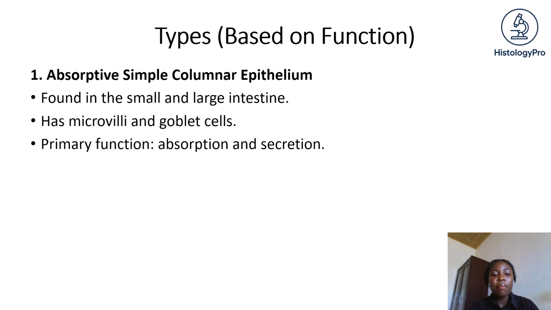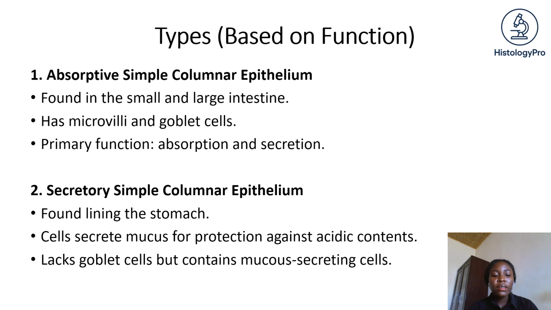It has microvilli and goblet cells. Its main function is absorption and secretion. And we have the secretory simple columnar epithelium, found lining the stomach. Cells secrete mucus for protection against acidic contents. It lacks goblet cells but contains mucus-secreting cells.